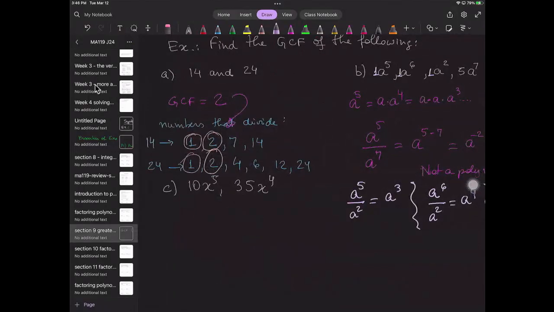So first I look at the numbers. The numbers in the two of them are 10 and 35.